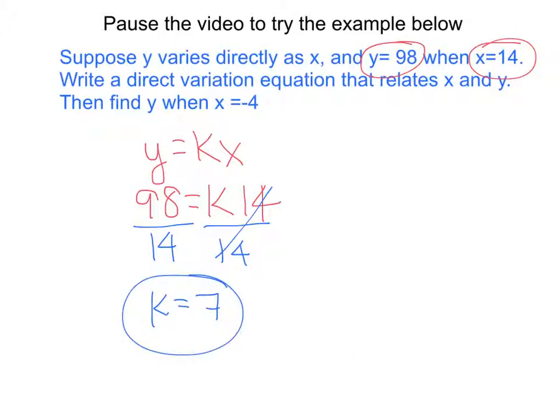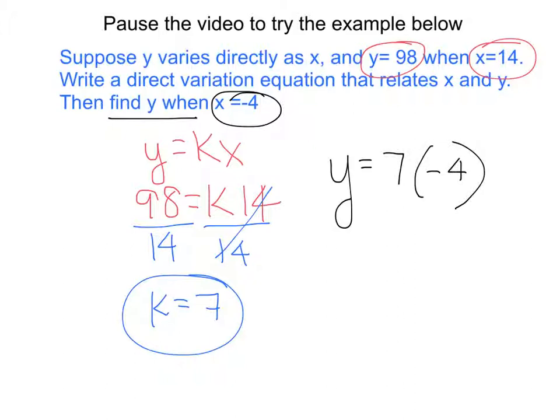From there, you use the direct variation equation to find x or y. Well, in this case, they want us to find y when x is negative 4. So y equals the k, which is 7, times x, which is negative 4. So y equals negative 28.